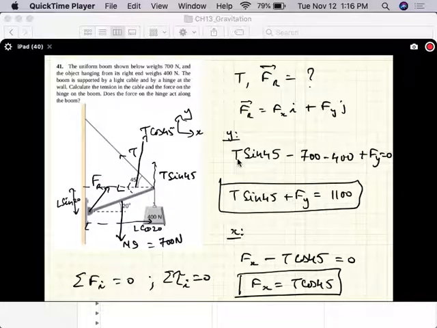I know this diagram is messy, but such is life in these statics problems.